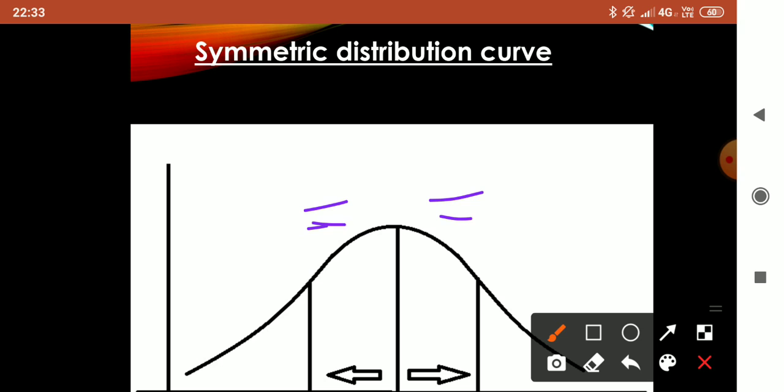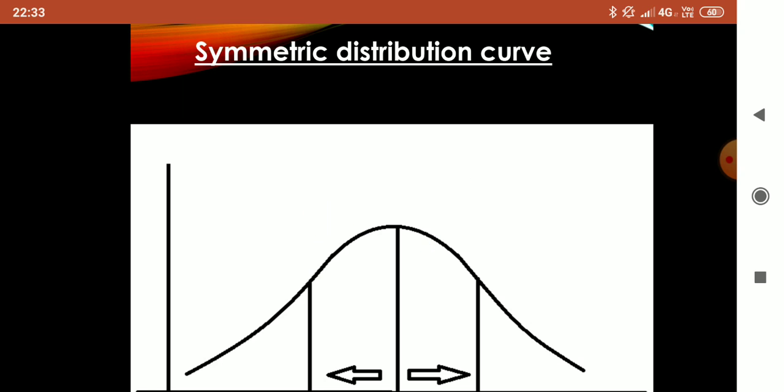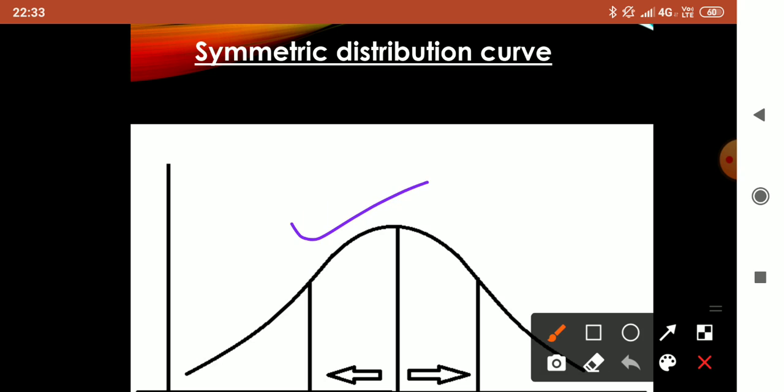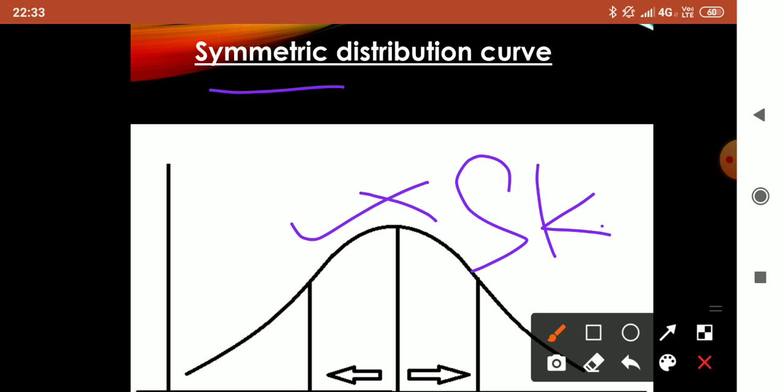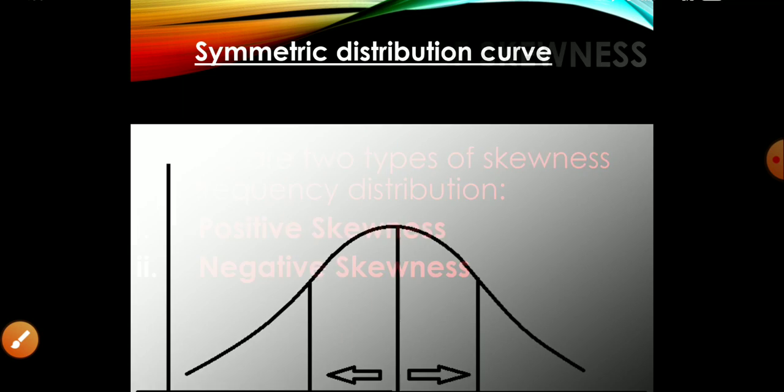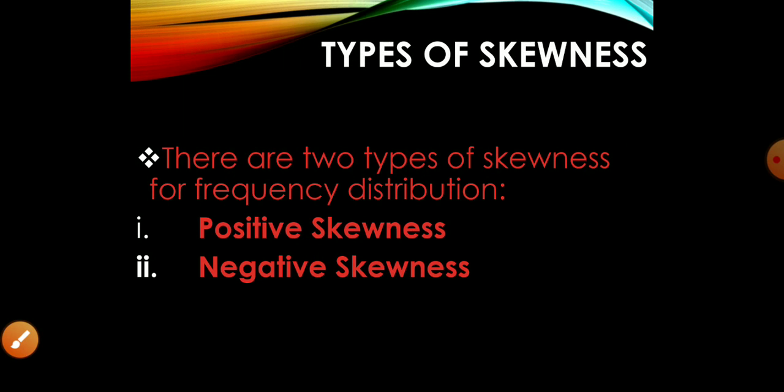If both sides are not equal, then it is known as a skewed frequency distribution. Here it is symmetric distribution. But if symmetry does not exist, then it is known as a skewed distribution, which is denoted as SK. So there are basically two types of skewness: positive skewness and negative skewness.